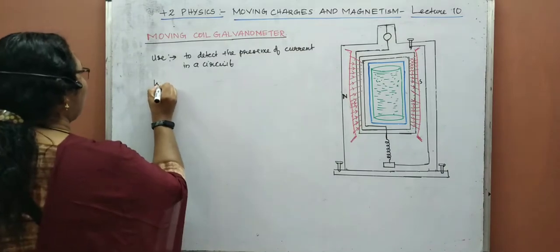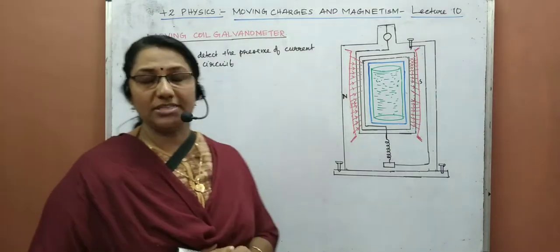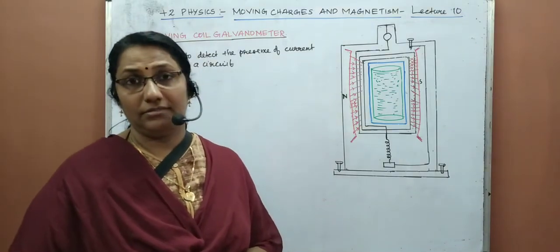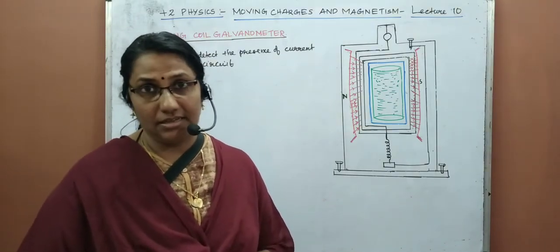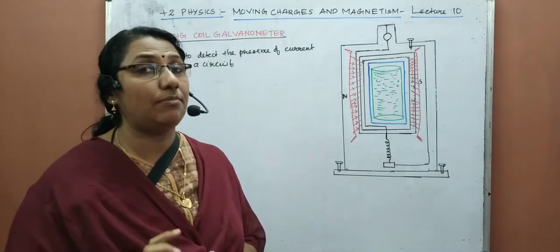Now we are going to the working principle of the device. What is the working principle that we have studied in the last class? What happens when a current carrying coil is placed in a uniform magnetic field?